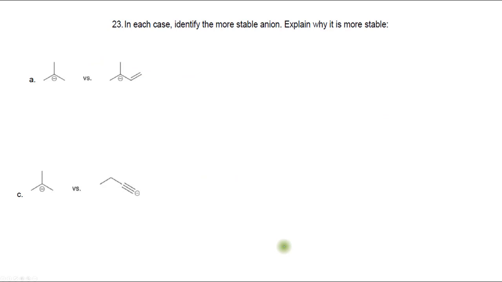In number 23, we're looking to identify the more stable anion. So this is asking which one is better at holding the negative charge.